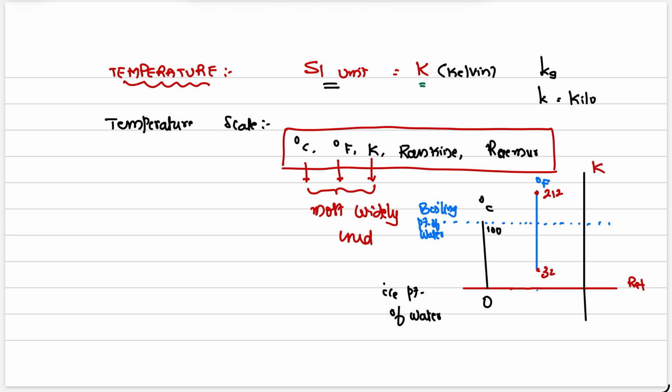Now, what is next? When you do it from the reference point, this is 273 Kelvin. That is the ice point. These are all ice points. Here it is 373, the boiling point. These are boiling points.